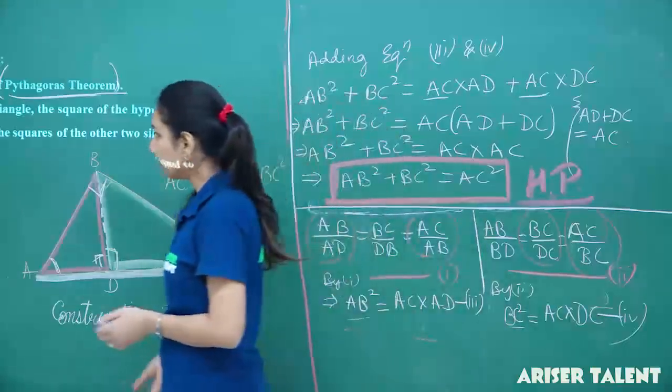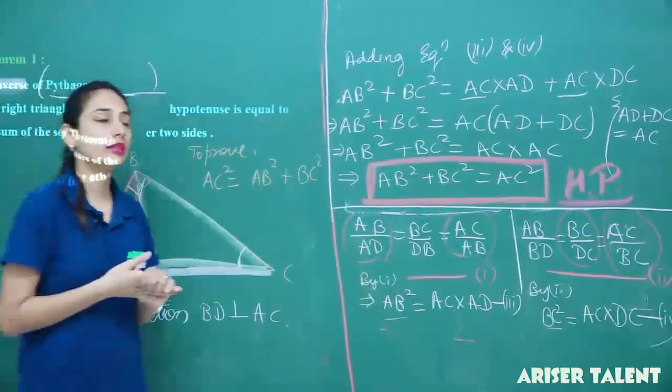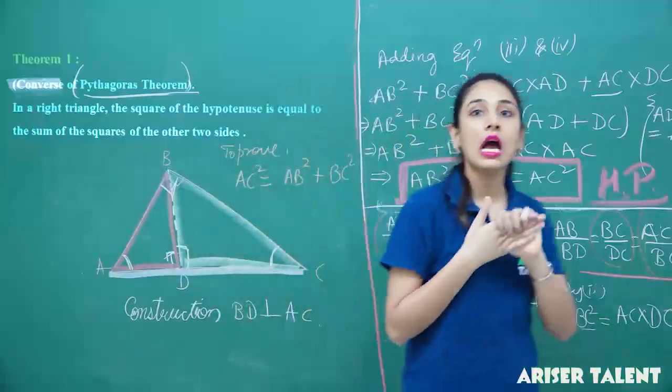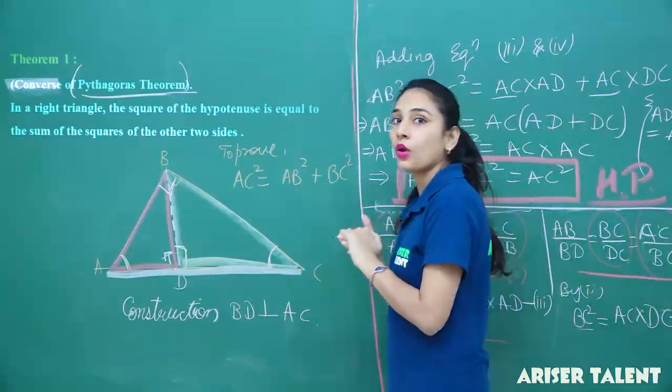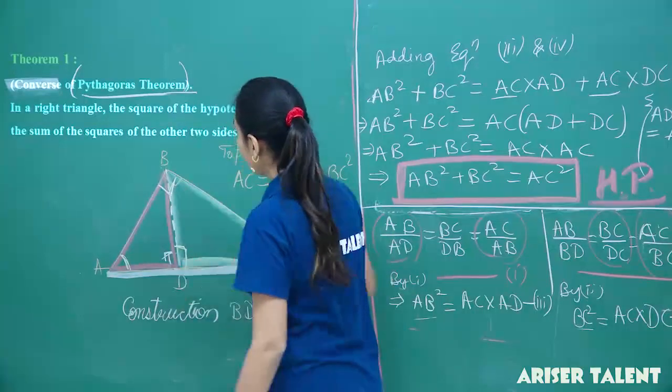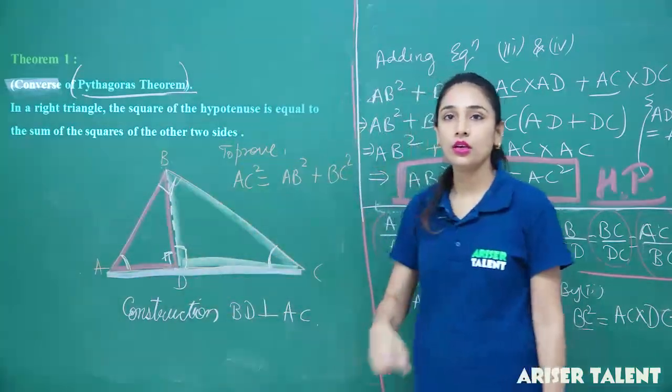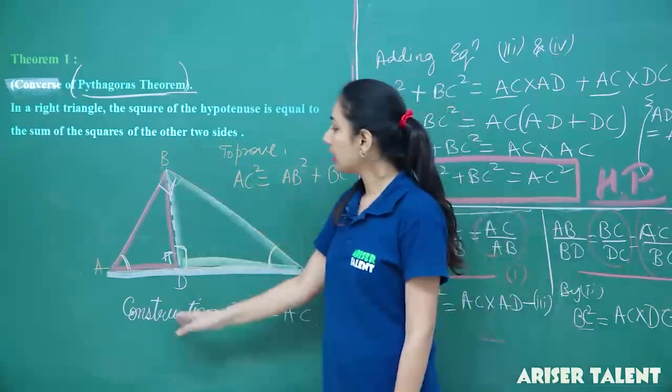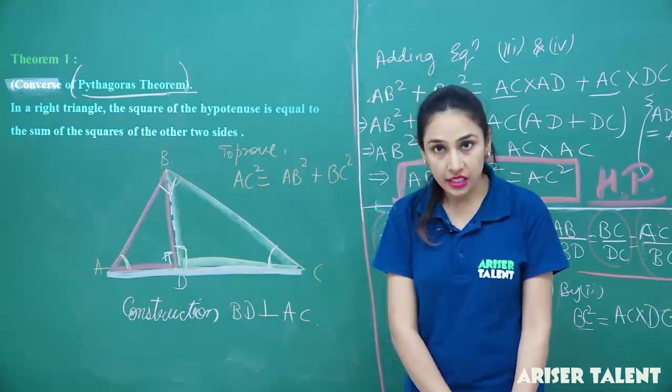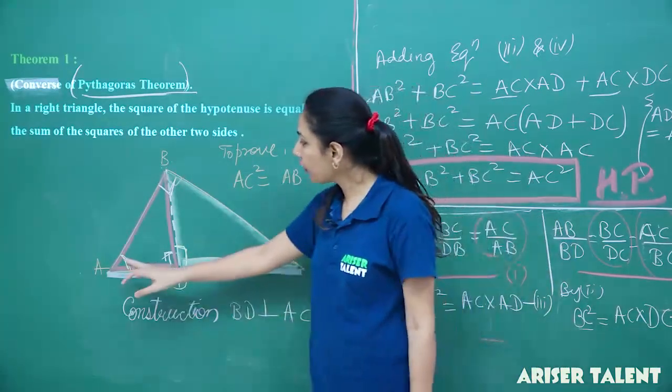Write it, mark it here, and just see again the process of how we are doing this. Okay, we had this triangle ABC. We created an altitude BD. After that, what have we done?